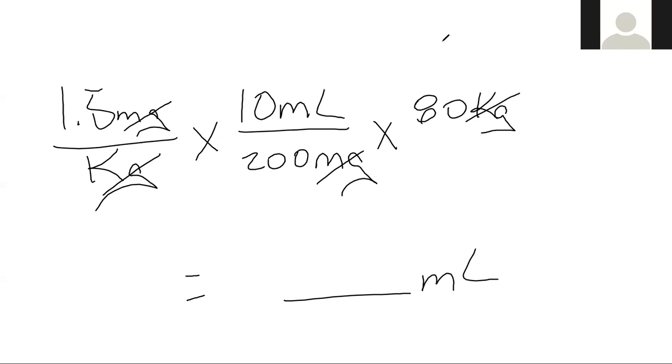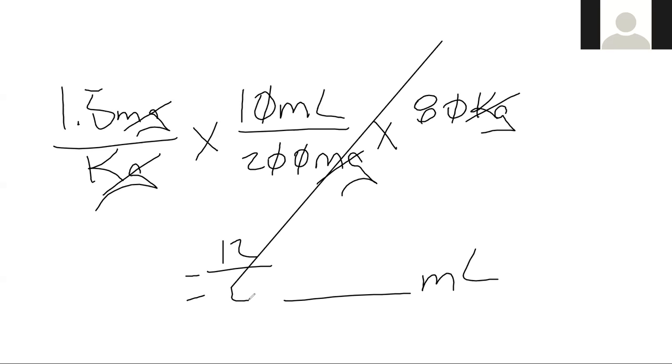Now I can do the little zero trick again. I've got a 0 on the top, 0 bottom, 0 top, 0 bottom. So now instead of having to multiply 10 and 80 and 1.5, I've only got to multiply 1.5 times 1 times 8. 1.5 times 8 is going to be 12, and 2 times 1 times 1 is going to be 2.